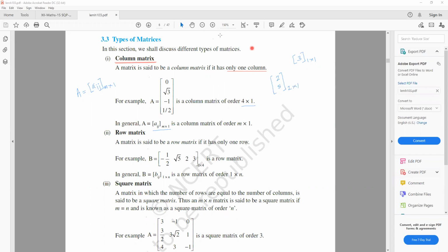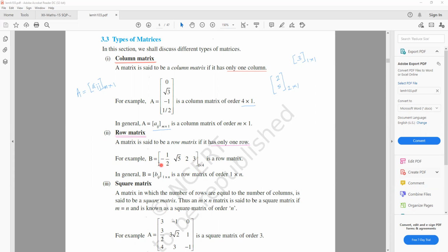Now, the row matrix. As the name says, a row matrix has only one row. So here you can see matrix B: minus 1 by 2, root 5, 2, 3.